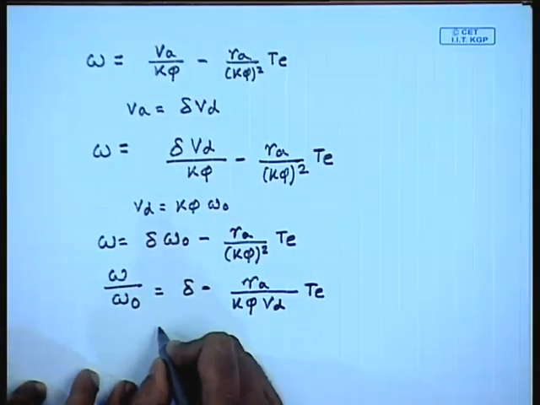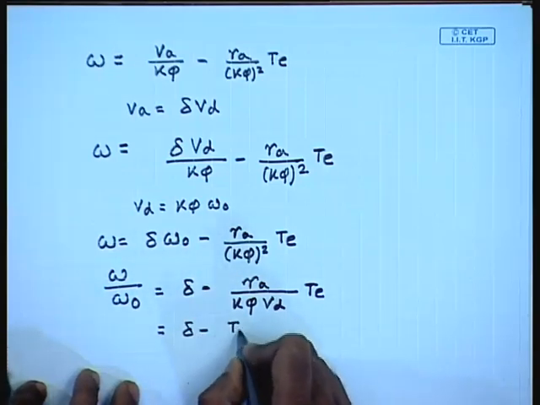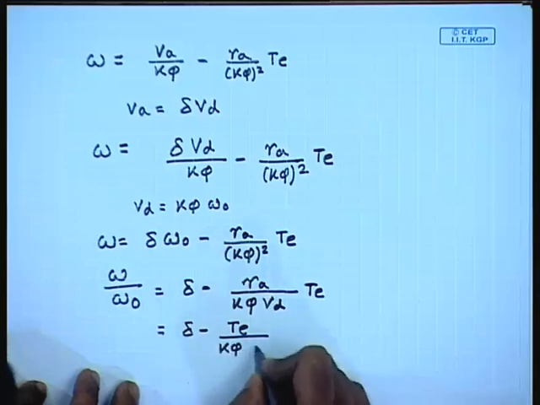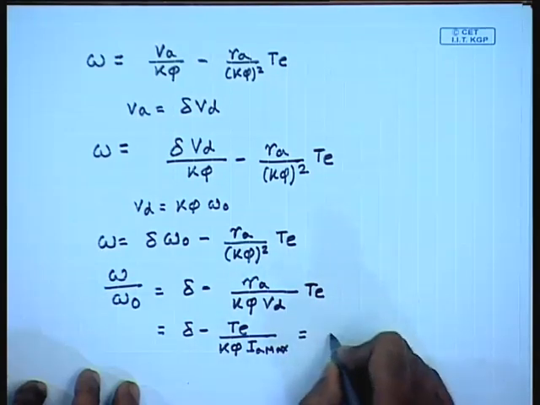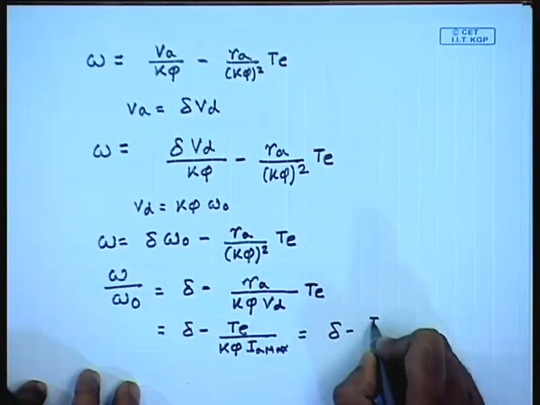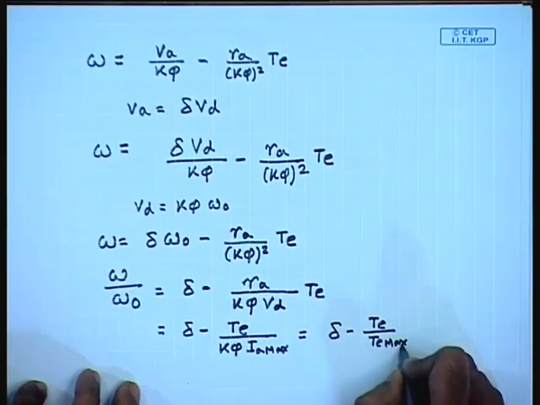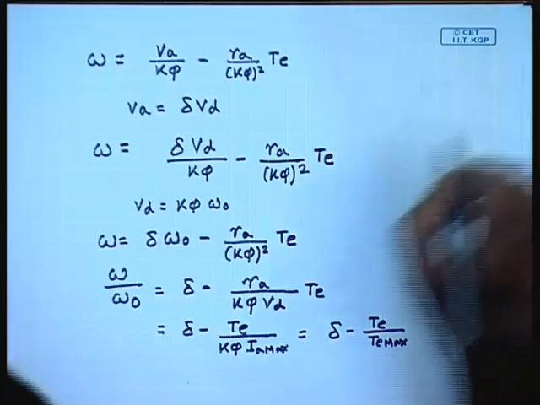So, this is equal to delta minus Te divided by K phi Ia max, that is delta minus Te by Te max, which is the maximum torque at direct online starting with a voltage of Vd.